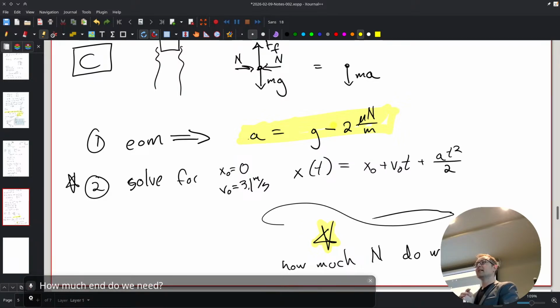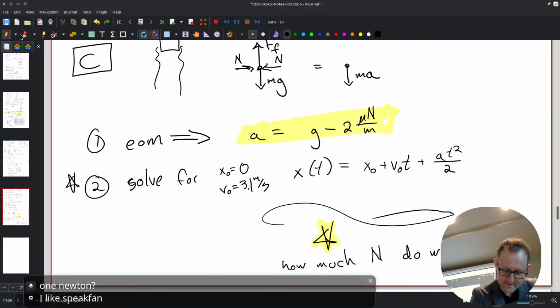I think it's 1 Newton. So we think maybe 1 Newton. 1 Newton? Big fan of a hypothesis.